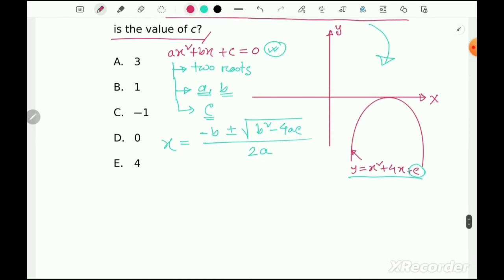If you look closely, this b square minus 4ac is the main factor by which we can understand whether the roots are positive or negative, equal, or complex numbers. So b square minus 4ac tells us the characteristics of the roots, and this is called the discriminant. It is expressed by D, so D equal to b square minus 4ac.